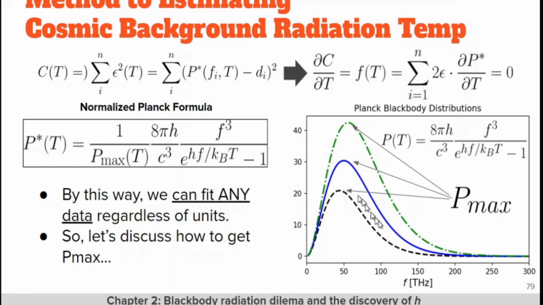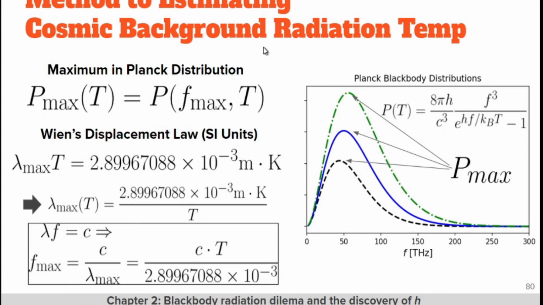For any of these distributions, we need to pluck off these maximum values, and we divide by that so that the curve peaks out at 1 for any curve or data that we have. So this is the function that we have to work with. Instead of P of T, we're working with P of T divided by this peak value. And that peak value, we're going to discuss in just a second, is actually a function of temperature. So let's see exactly how that is.